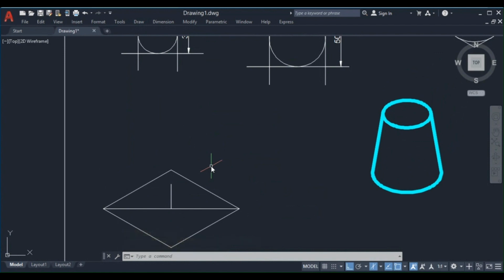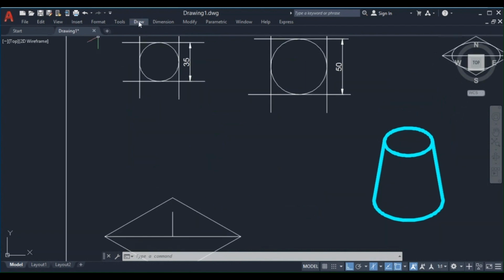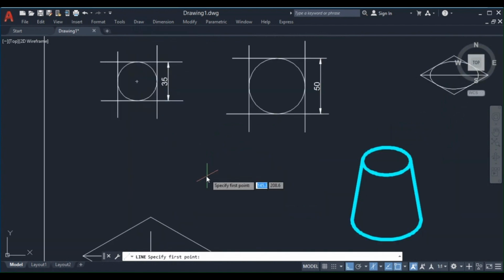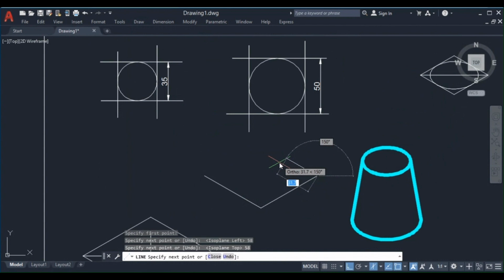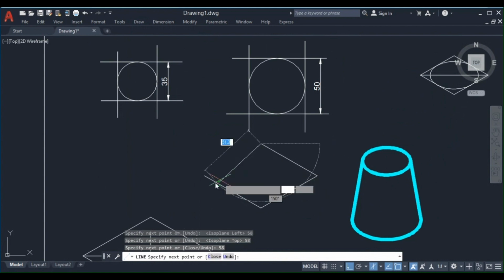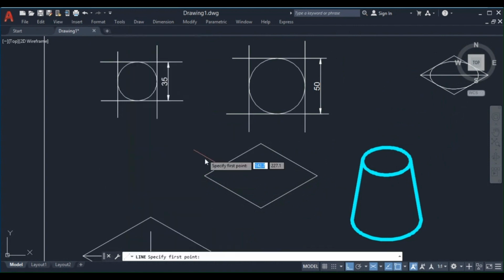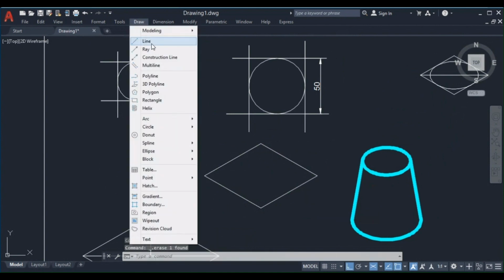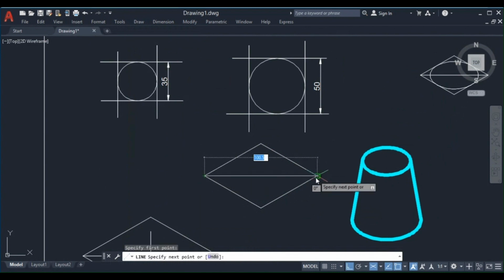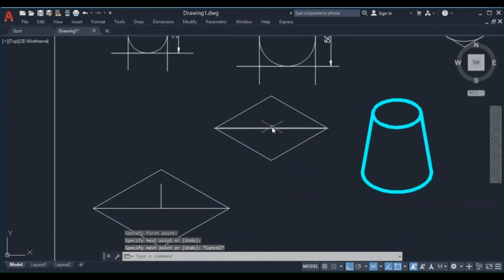Now draw separately the top face, 58 mm. Press F5, 58, and 58. Now just draw this major diagonal.